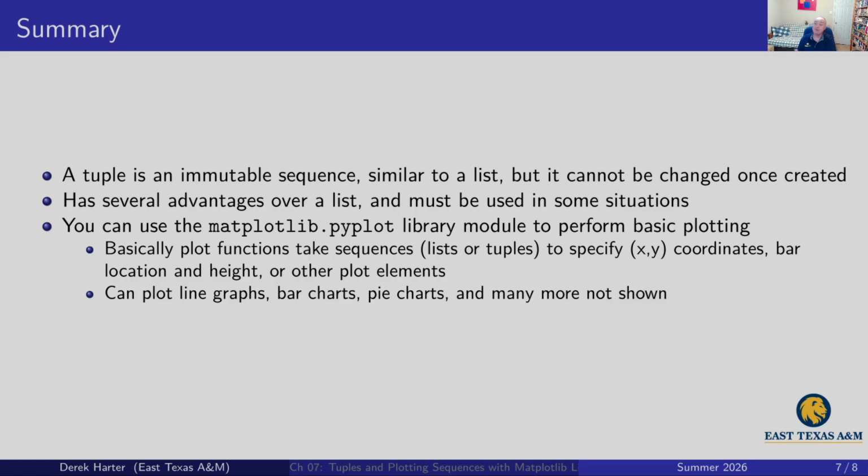But the reason why we have that in this section is the API for most of the basic Matplotlib plotting is it takes in sequences, one or two or more sequences of items which specify the elements of the plot that you want to have drawn for you.